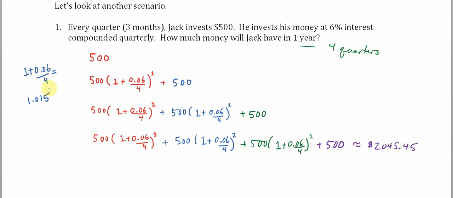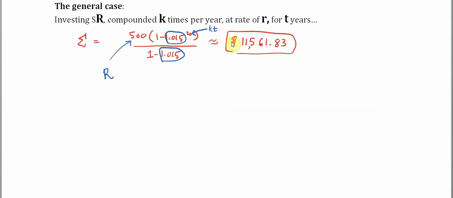Returning to our general case now, this expression here, the 1.015, is really 1 plus the rate that we're calculating, divided by the number of times we're compounding per year. So that's really 1 plus r over k.